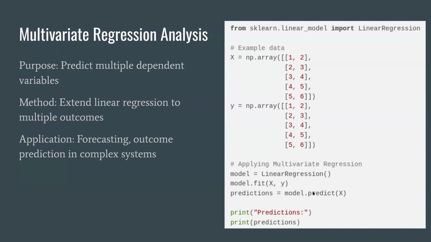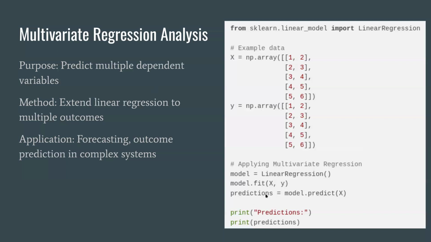We then use the trained model to predict the values of dependent variables based on the independent variables. So we are passing X, which is our independent variables, to the predict method, and this will return our predictions of the dependent variables.